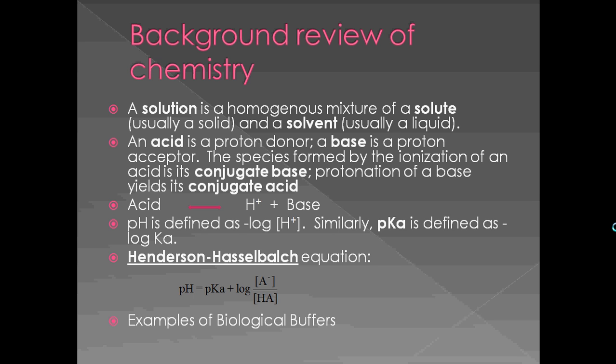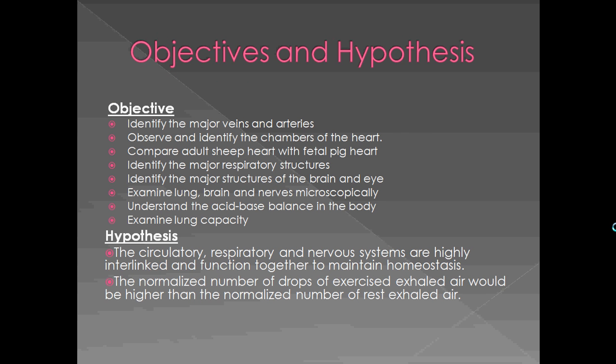The objectives include identifying the major veins and arteries, observing the different chambers of the heart in the pig, comparing an adult sheep heart with a fetal pig heart, identifying major respiratory structures and the major structures of the brain and the eye, examining the lung, brain, and nerves through a microscope, understanding the acid-base balance in the body, and examining lung capacity.